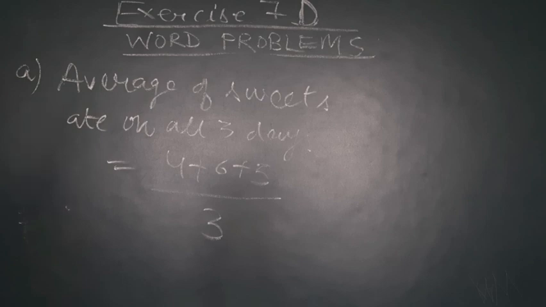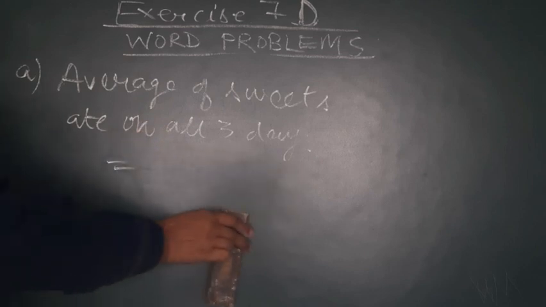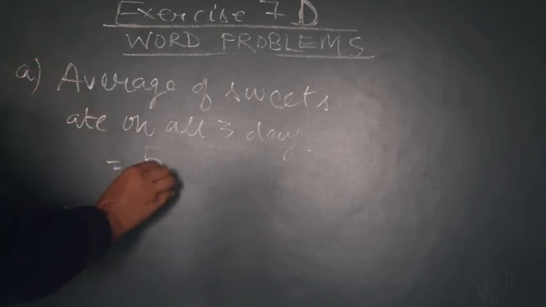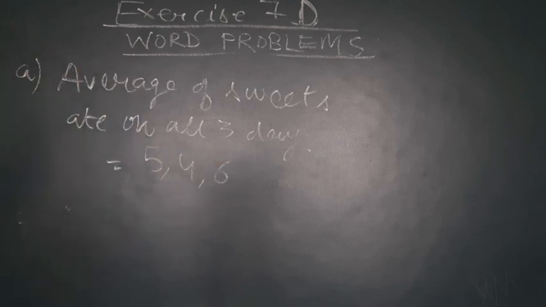Okay. So 4 plus 6 is 10, and if you write the numbers in ascending order, then the middle number will be the average. Whenever you want to find out the average by the short trick, what you have to do, you have to arrange all the numbers in ascending order.